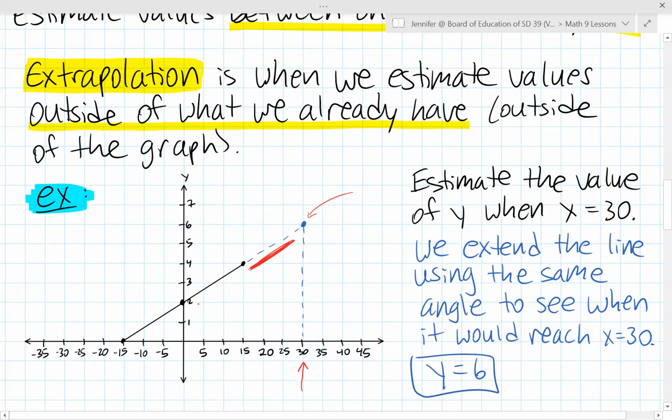So if this linear relation continued in the pattern that it already has, then it would be at 6 when x equals 30. So y equals 6 is our guess when x equals 30. It's still an estimate because that data doesn't actually exist, but it's a pretty solid extrapolation.